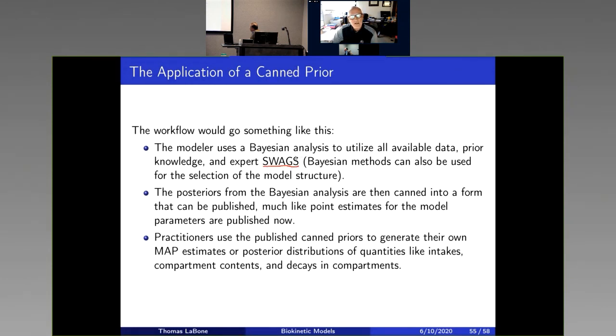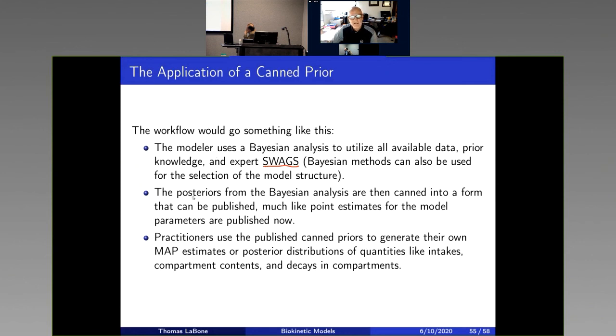I went back and looked at the 2010 Leggett iodine biokinetic model, and there have to be at least 100 references in there of previous research he's looked at. It would be wonderful to somehow capture all of the years he spent on that model and condense it down into one canned prior distribution that could be used on the new calculation you're going to do for a particular individual.